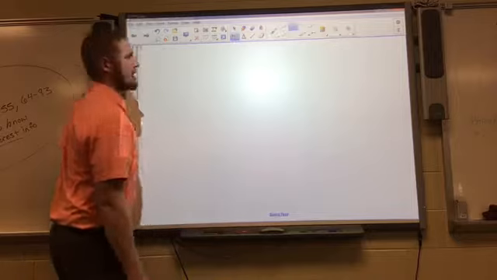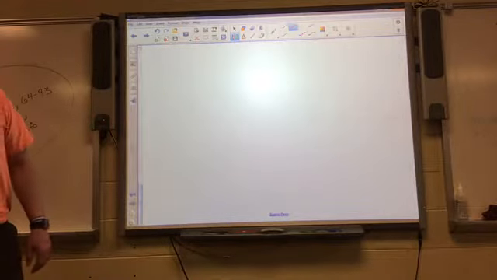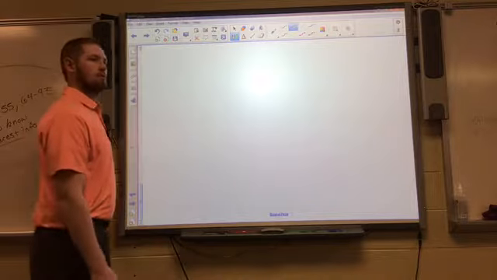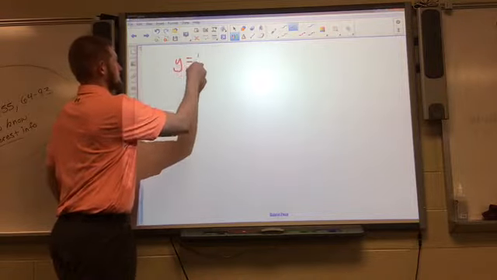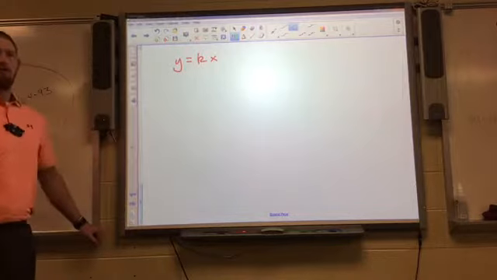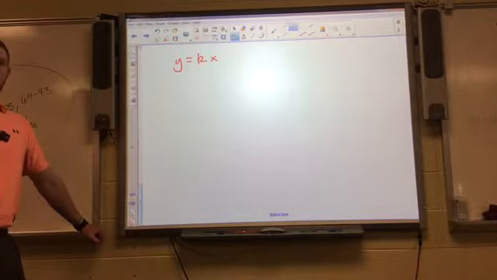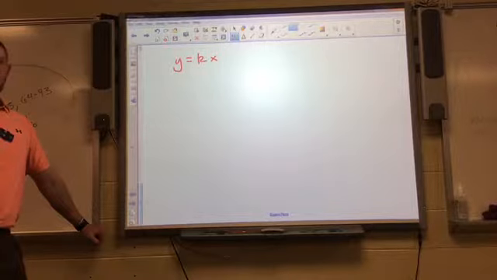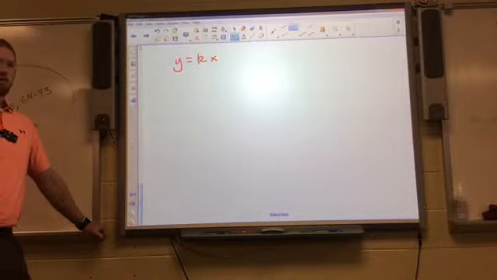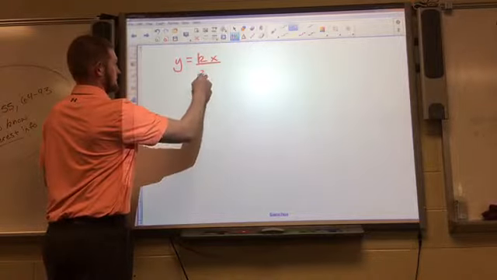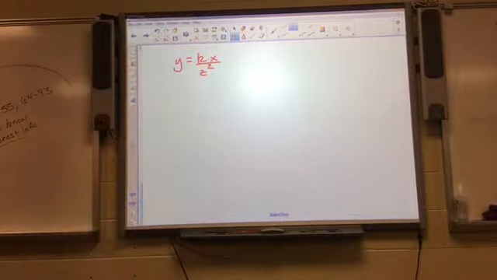How do I show that y varies directly with x? y equals kx. Okay, that shows itself that y varies directly with x, right? And it also varies inversely with z squared. So you would divide the whole thing by z squared. Okay, so if you hear the word inversely, whatever that next thing is goes on the bottom.